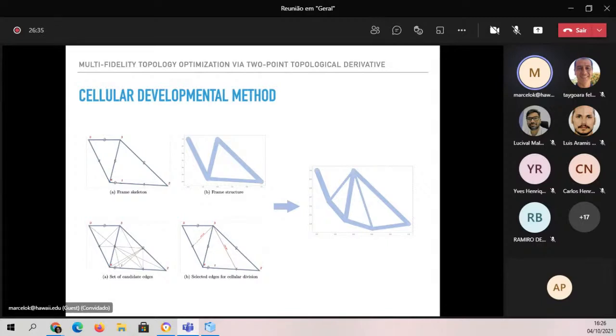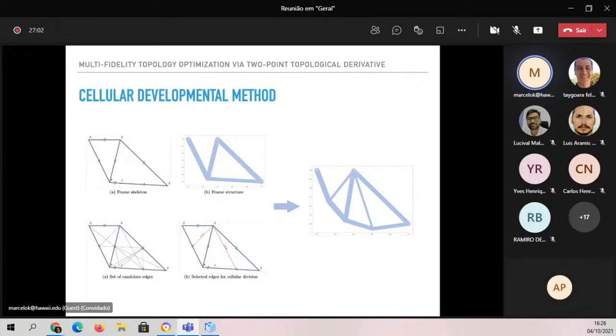So not only do I develop a layout using information about where to place the members to best change the layout to minimize our goal, but we also can control manufacturability constraints at this level of the design, which is very, very difficult to do with the existing methods.